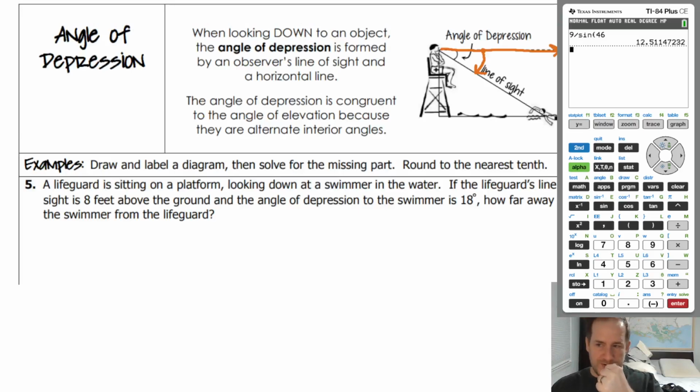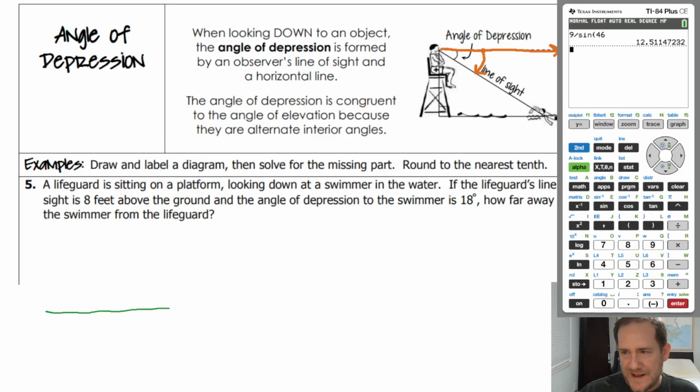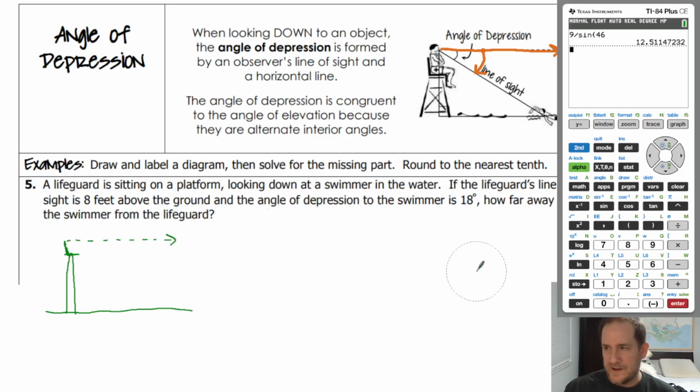How's 5 looking? Number 5 is where you start talking about angle of depression, but it doesn't really change much. This one said a lifeguard is sitting on a platform. So here's your lifeguard, sitting up here on this chair. It says the lifeguard's line of sight is 8 feet above the ground. That's the horizontal line we're going to measure our angle against.